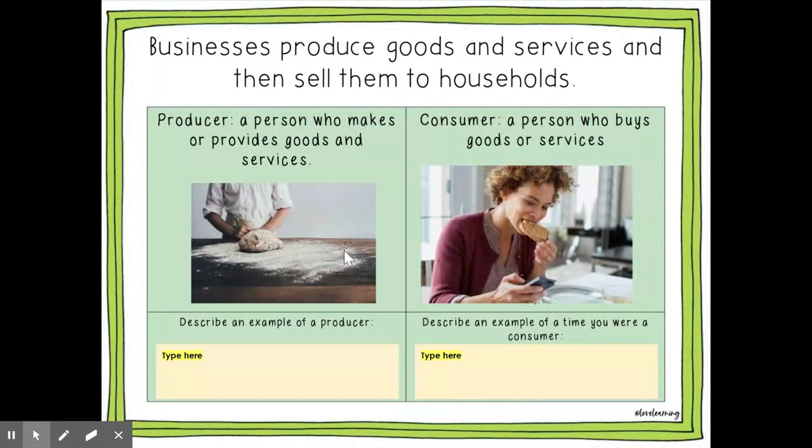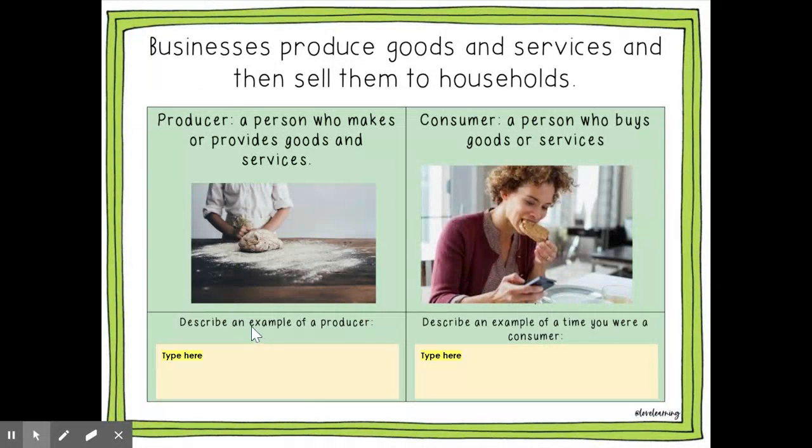And then a consumer is a person who buys that good or service. So I want you to pause the video for a moment, go to your notes, and think of a particular example of a producer and a consumer.